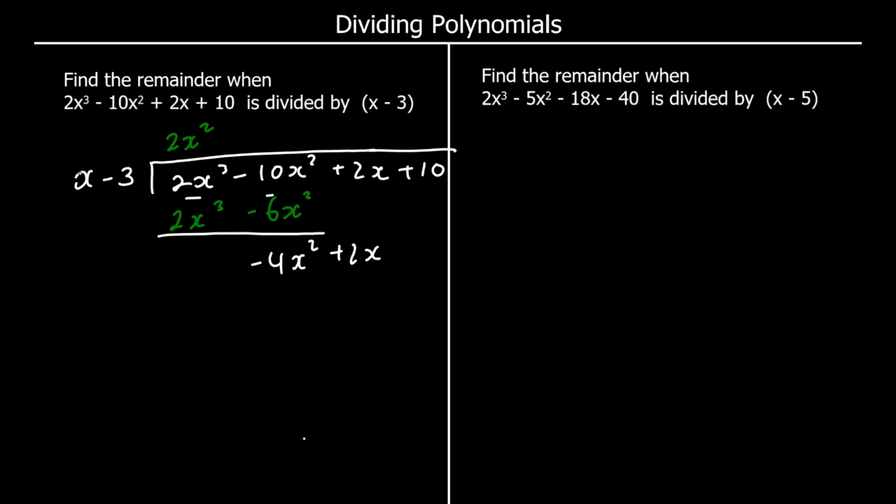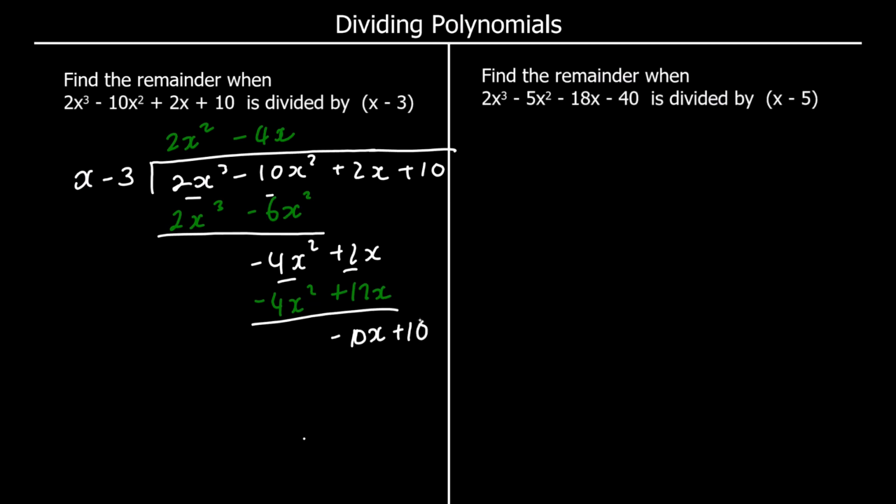Negative 4x squared over x will be negative 4x times by negative 4x, so that would be negative 4x squared plus 12x. Take away. 2 take away 12 is negative 10, so negative 10x.